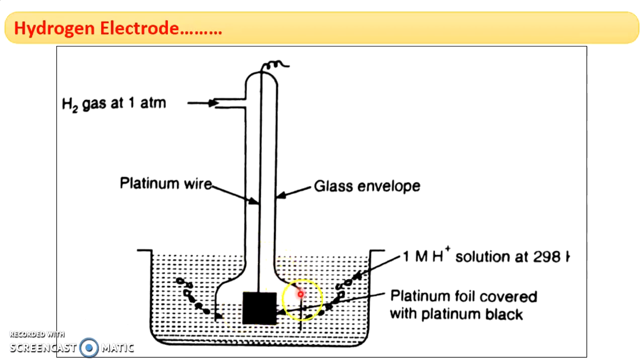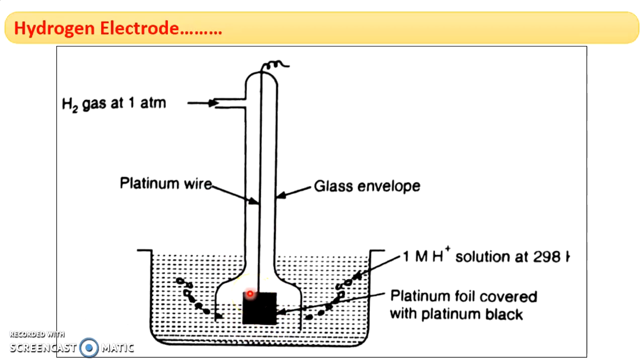This glass tube has holes at the bottom, and it has an inlet at the top. Through this inlet, pure hydrogen gas is passed, and the hydrogen gas is adsorbed on the platinum strip.